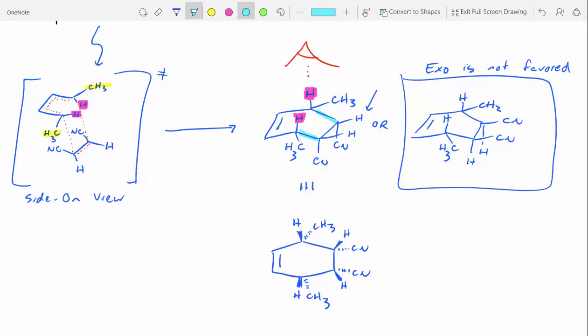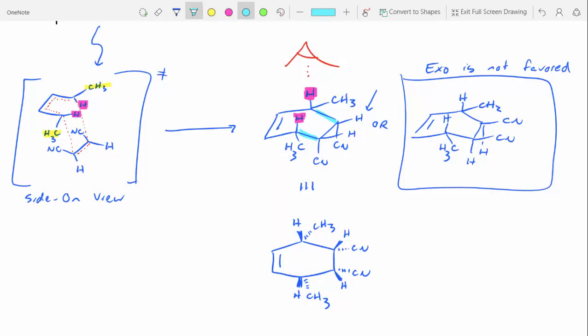However, oftentimes people prefer to draw it this way just because it's a little bit clearer. Oftentimes with a ring system, you don't draw a portion of your ring as a dash or a wedge. You want to draw the substituents using dashes and wedges. That's just generally how it's shown. It wouldn't be wrong. As long as I can clearly see your stereochemistry and you clearly understand your stereochemistry, that's all I really care about. You can draw it from a top-down view, you can draw it with a boat view, you can do a side-on view. I really don't care, as long as you understand the stereochemistry.